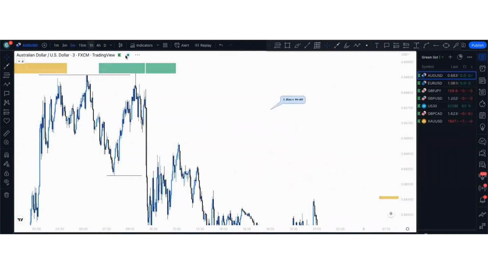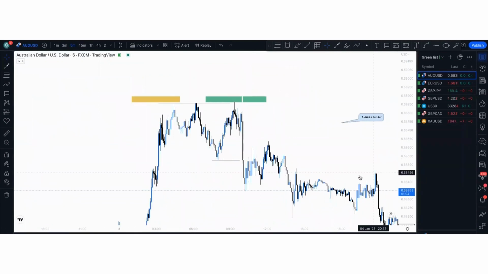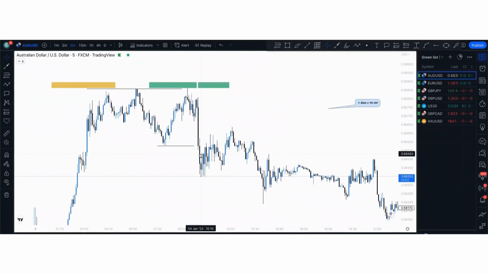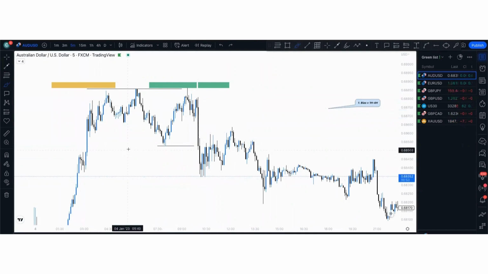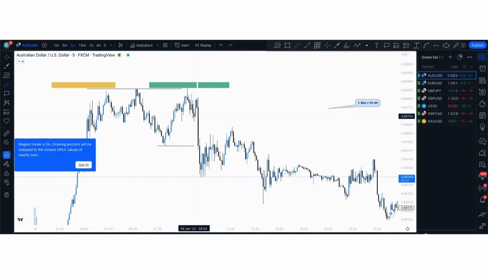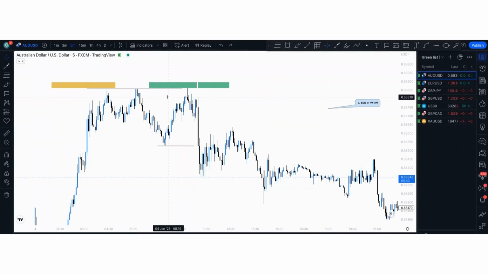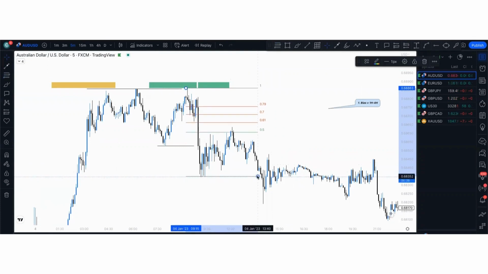So I'd like to check, because for me this is a huge move to the downside. Like, it broke two lows in one swing. So I'd like to consider entering in a premium zone like this one, or using a Fibonacci.